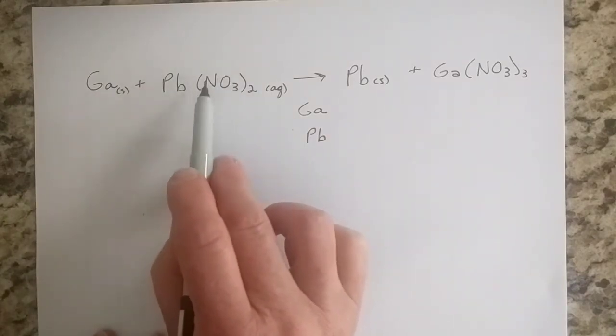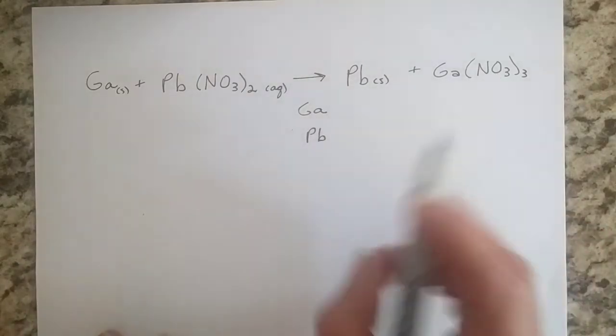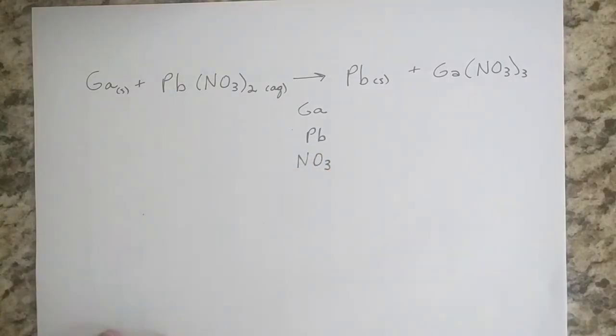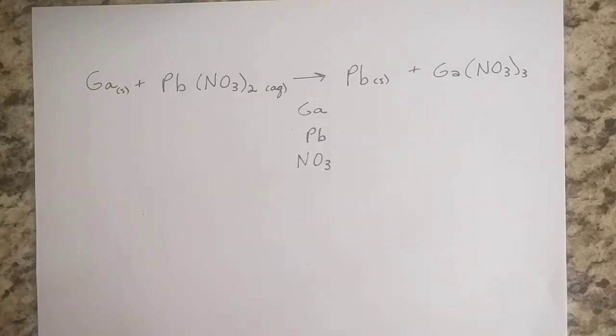It's NO3 in parentheses on this side, NO3 in parentheses on that side. We're going to balance it as a group. That is going to just make our job a lot easier. You could balance the nitrogens and the oxygens separately, and you'll get the same answer, but this is definitely an easier way to go.